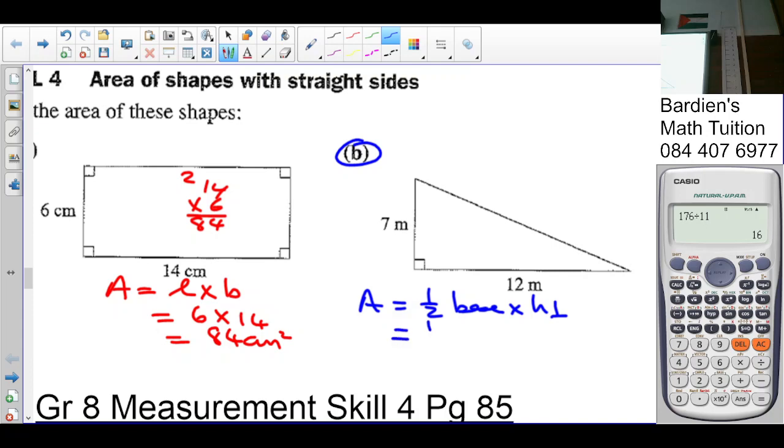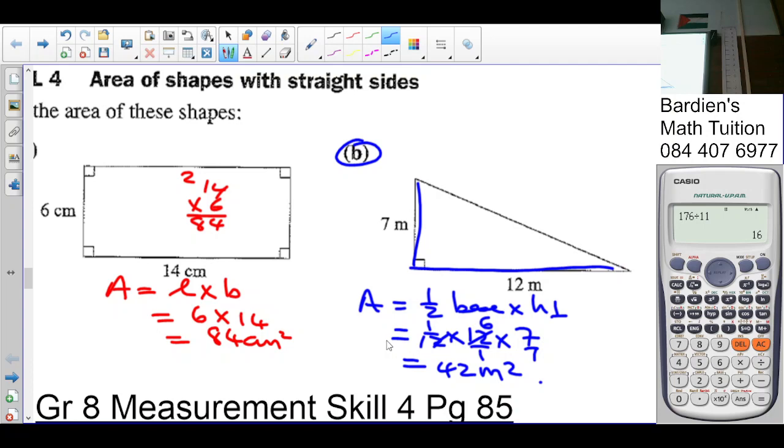So we go half. What's my base? 12 times the height, which is 7. That's naturally over 1. So 2 going into 12, 6 times 7 is 42 meters squared.